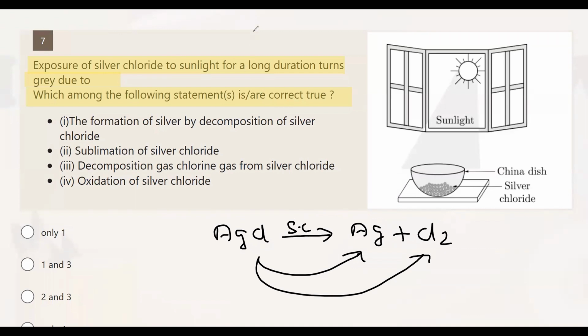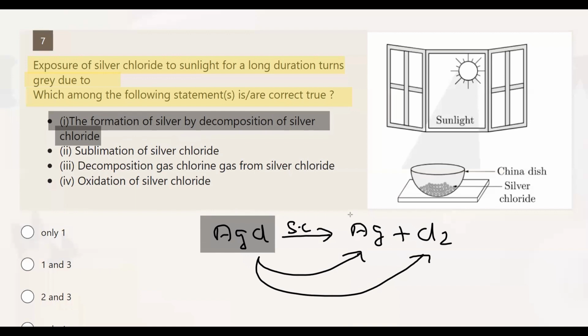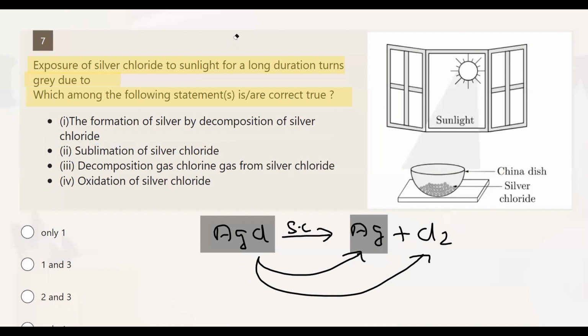The first option says formation of silver by decomposition of silver chloride. Yes, silver chloride is getting decomposed to give you silver. This is correct. Sublimation of silver, definitely not, because sublimation is a process in which a solid turns into gas directly without turning into liquid.